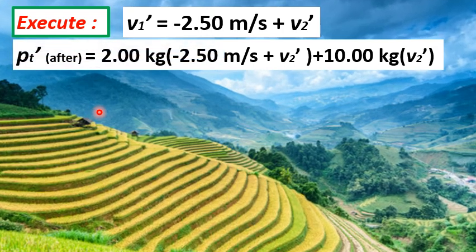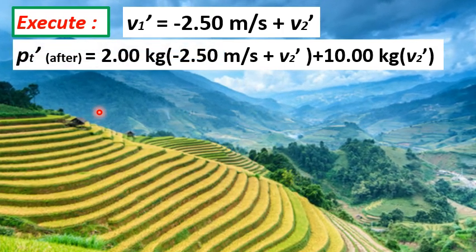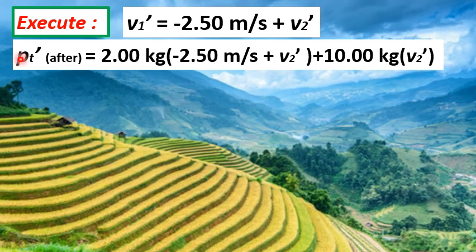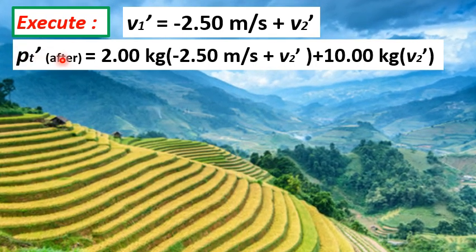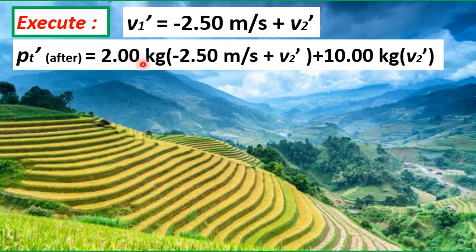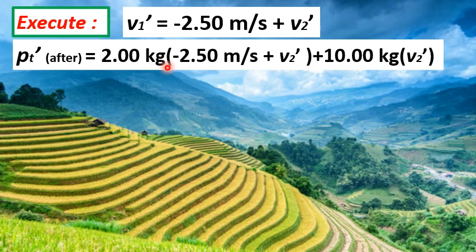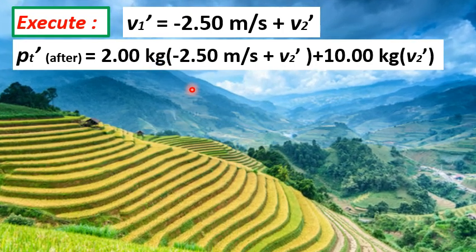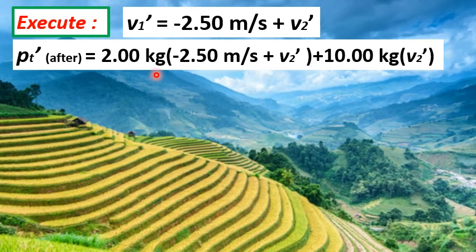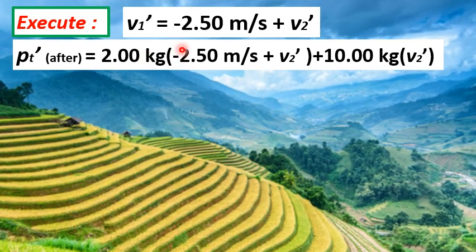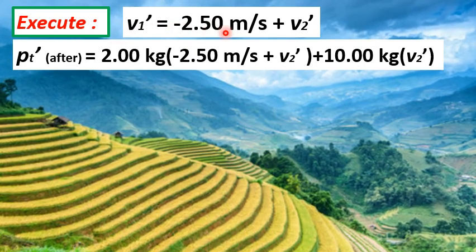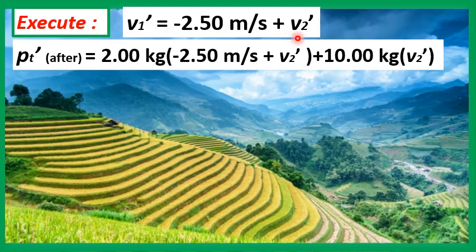Likewise, we also calculate the total momentum after collision. That is labeled as Pt prime. So that is equal to the mass of block A, 2.00 kilograms, and its velocity after the collision v1 prime, which is earlier expressed as negative 2.50 meters per second plus v sub 2 prime.